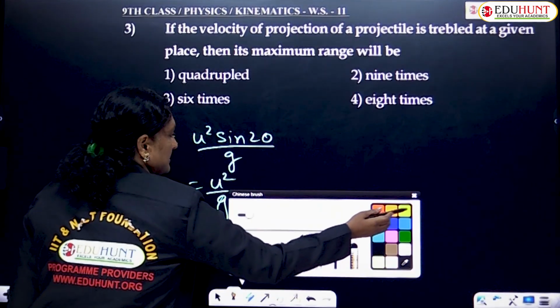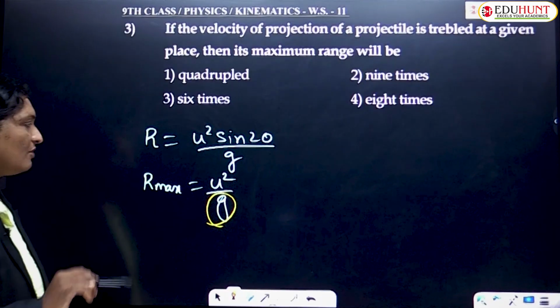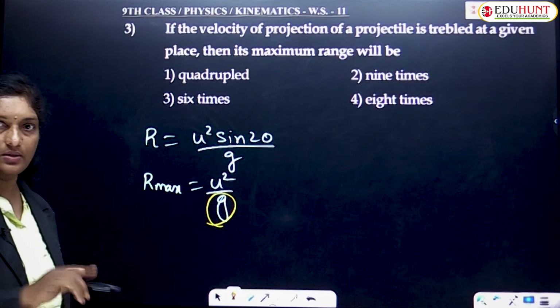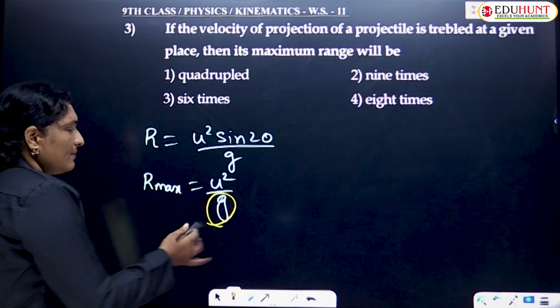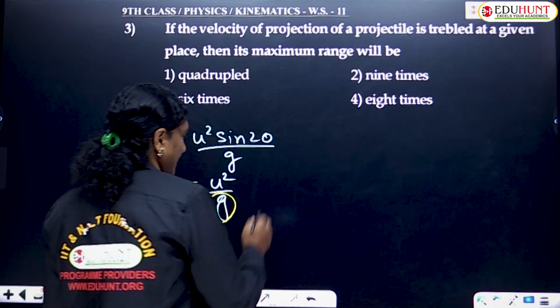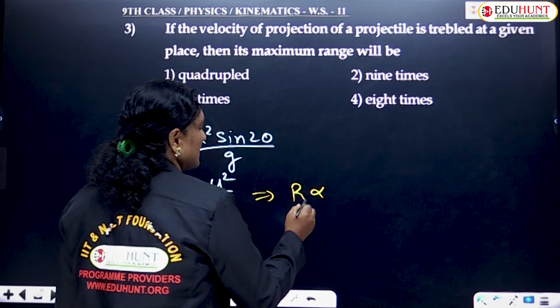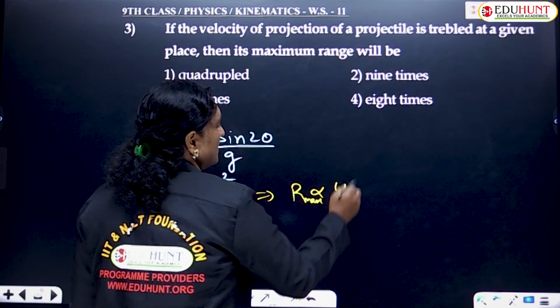Clearly, this G is always constant. The value of G always remains constant on the surface of the earth. 9.8 is generally taken. So from this we can conclude that R max is proportional to U square.